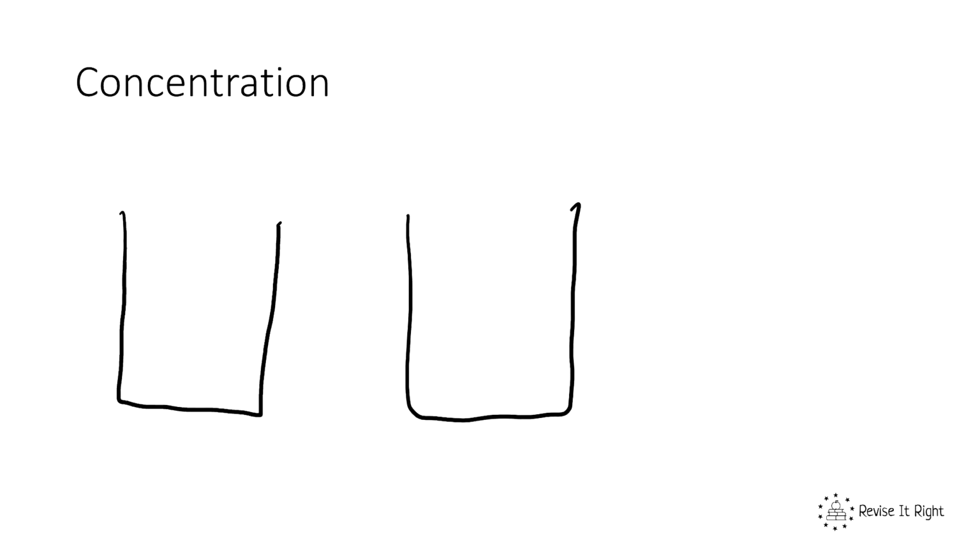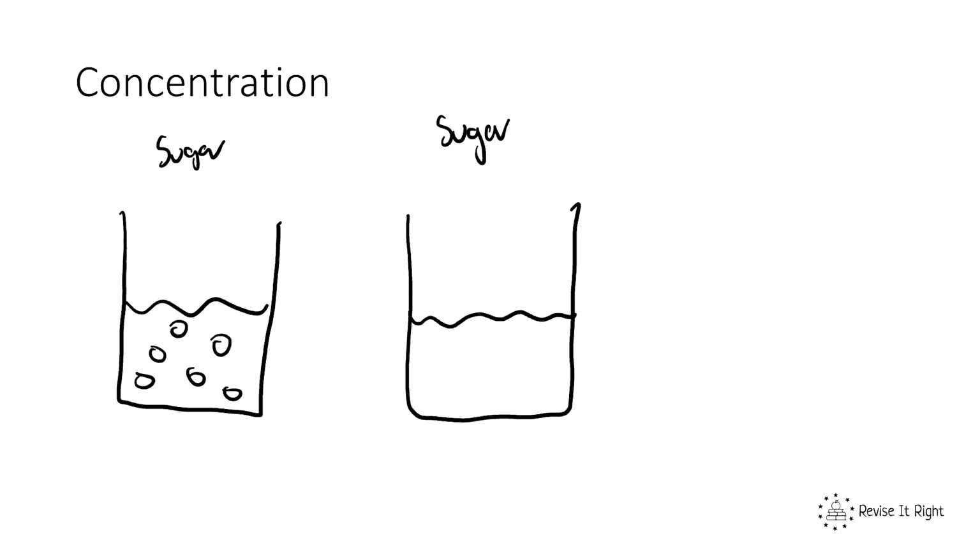Now, concentration of a solution tells us how much of a substance there is dissolved in the water. A high concentration means lots of substance dissolved in the water, and a low concentration means less substance dissolved in the water. Let's draw a couple of examples. We have two beakers of water that are the exact same volume, and we dissolve some sugar into this one, and also some sugar into this one.